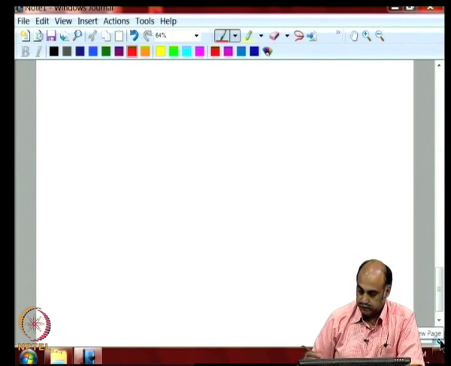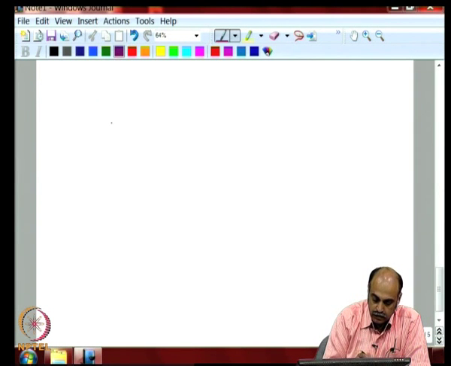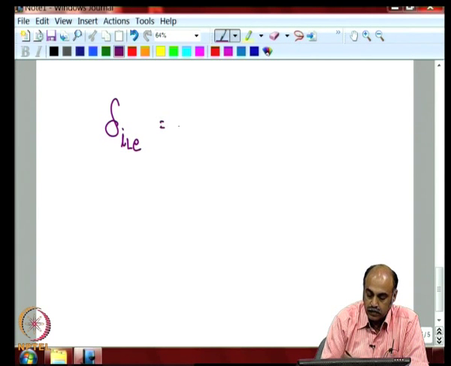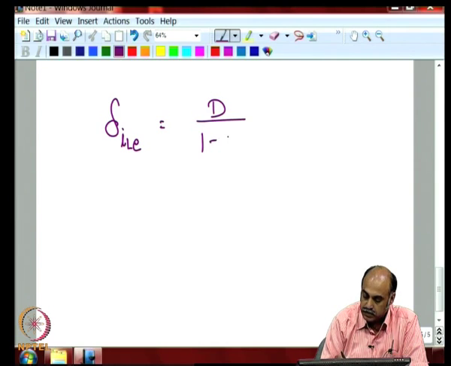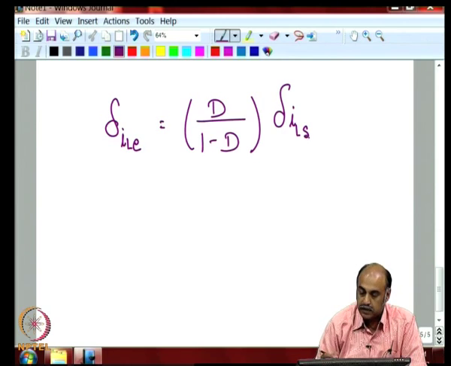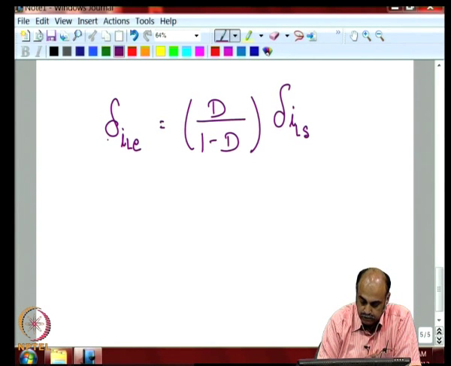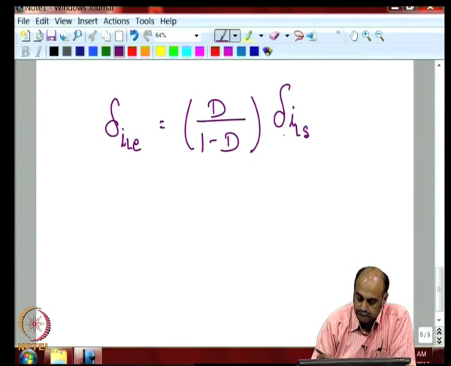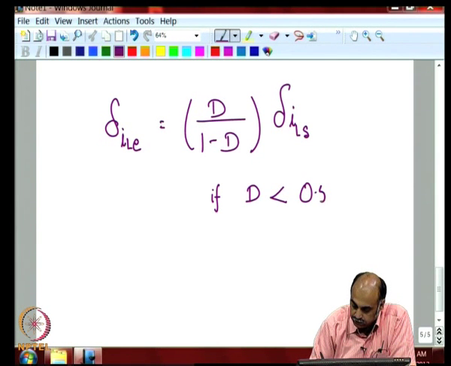So, now what happens? Delta IL at the end of the period is equal to d by 1 minus d times delta IL at the start of the period. This is the perturbance at the end of the period. So, the perturbance at the start of the period, being multiplied by d by 1 minus d, will actually decrease if d is less than 0.5.